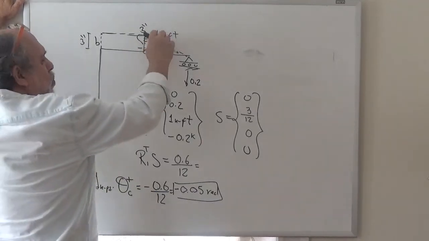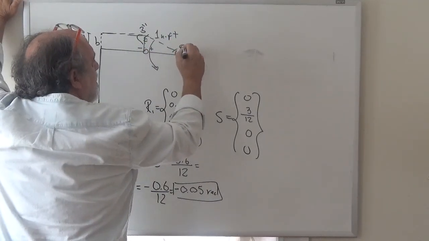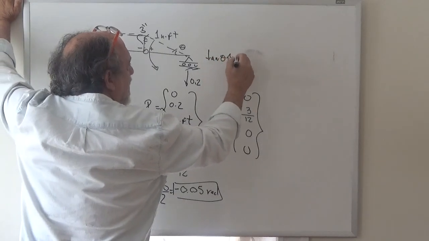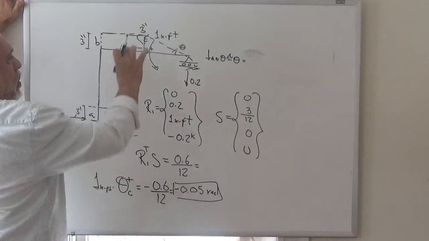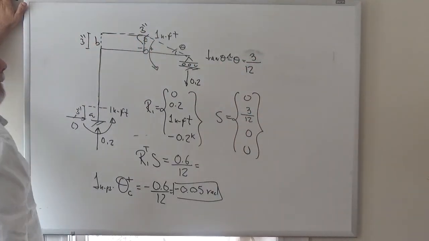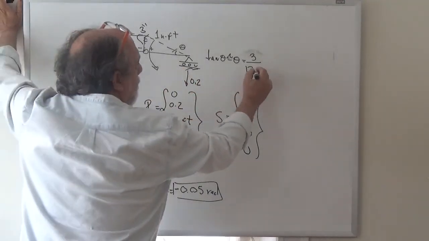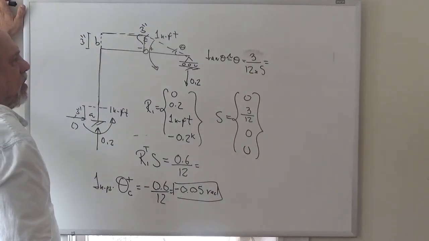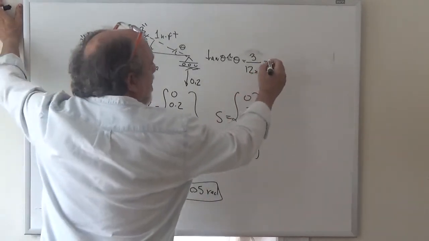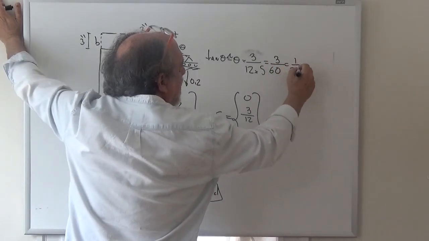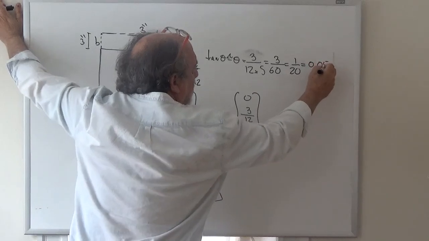So what is the tangent of that angle, which is approximately equal to the angle? It's equal to 3 inches, which is 3/12, right? Divided by what? By 5 feet, right? Therefore, we have 3 divided by 60, or 1 divided by 20, or 0.05, right?